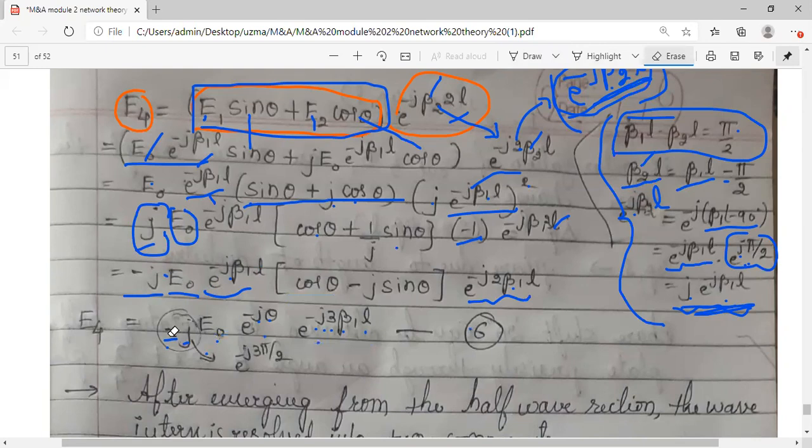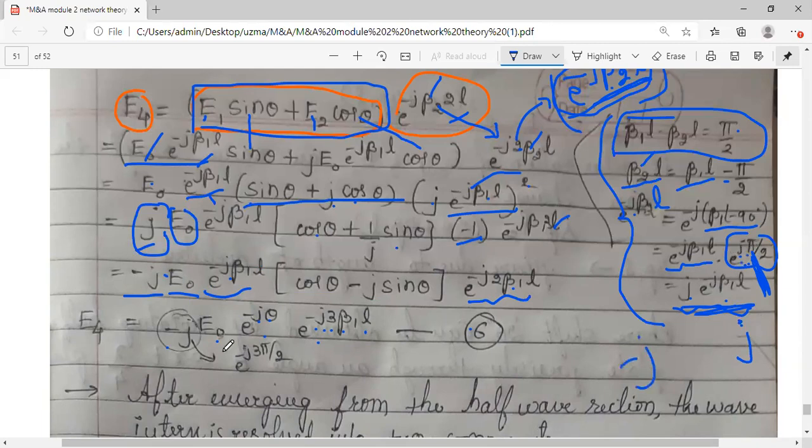Compare equation 5 and 6. Whenever I tell you exponential of, observe here, e raised to minus j pi by 2 is nothing but j. I am telling you this because cos plus j sine expanded is cos pi by 2 plus j sine pi by 2. But if j is e raised to j pi by 2, what will minus j be equal to?